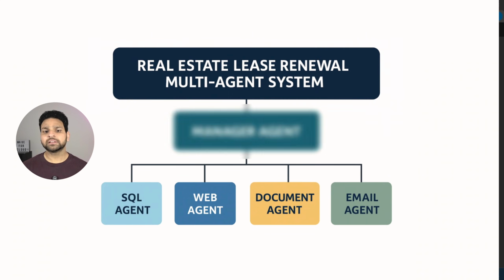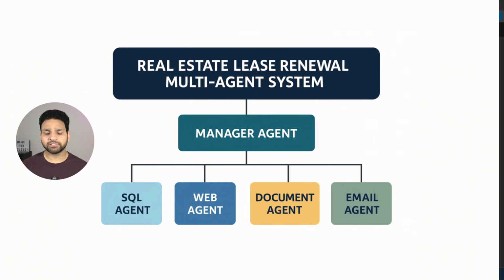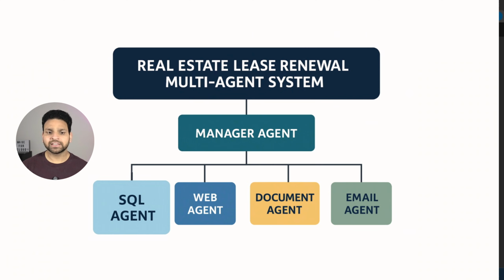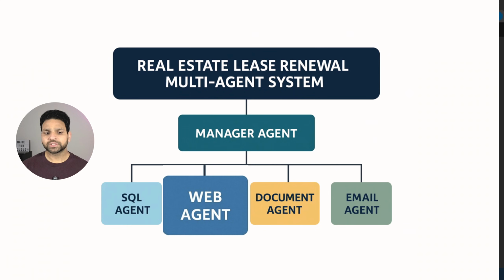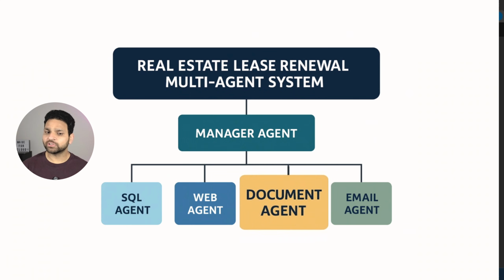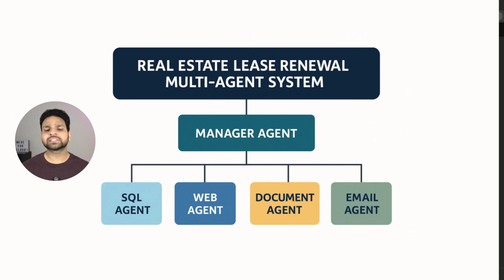One will be the manager agent, and then there will be 4 different agents: a SQL agent, which will do the SQL queries; a web agent, which will do the web search; a document agent, which will look up information from the document; and the email agent, which will send an email. Now let's understand this in more detail.